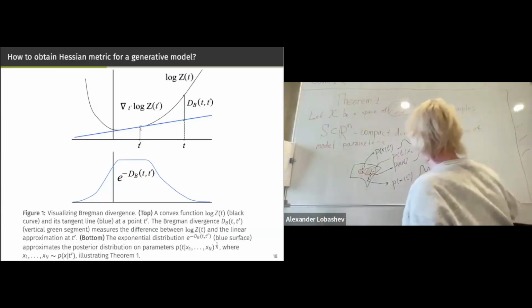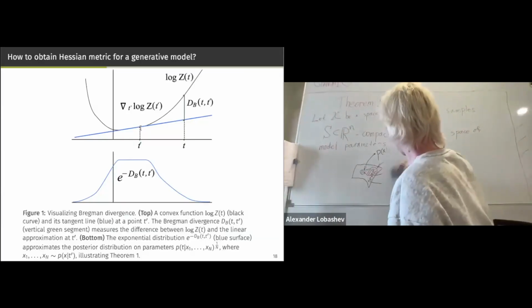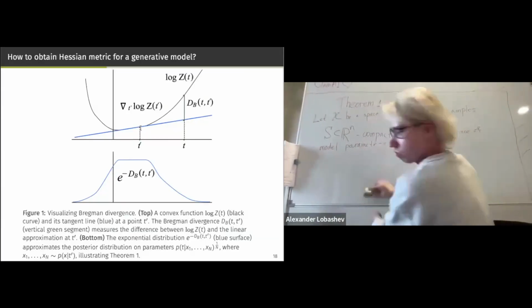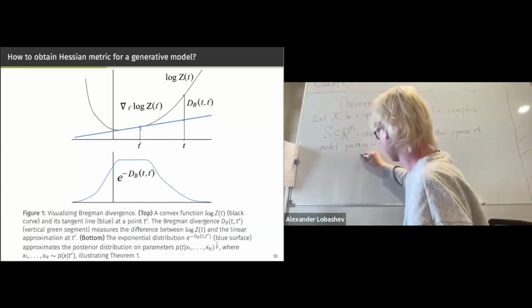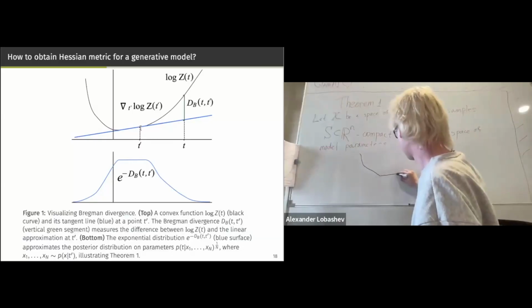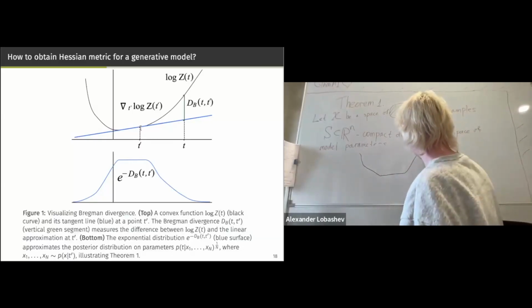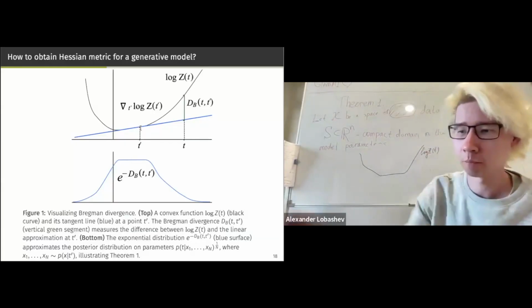So let's draw on the whiteboard. Suppose that we have some convex function. So this is our function log z of t.